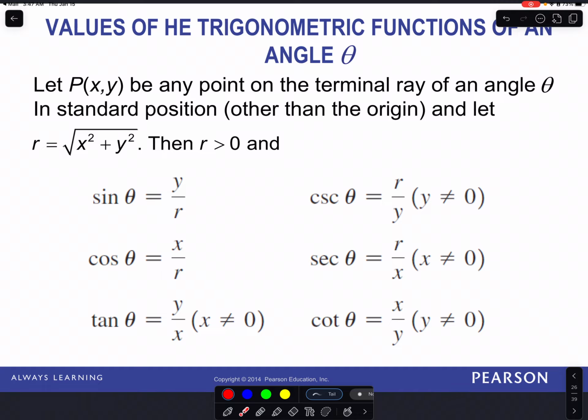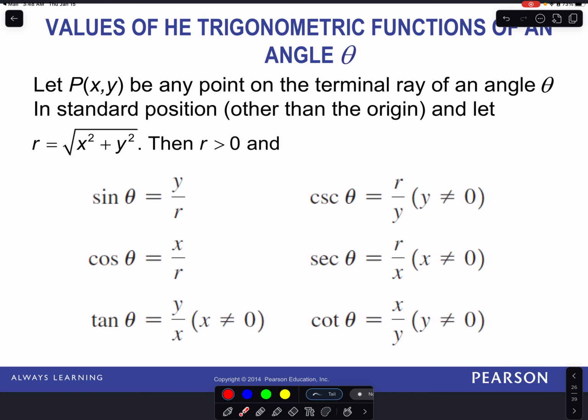That's like x squared plus y squared equals R squared. And if R is positive, then sine of theta equals y over R, cosine of theta equals x over R. And then once you have sine and cosine, you can pretty much generate everything else. Tan is always going to be what? Sine over cosine. All right, so we'll get y over x.